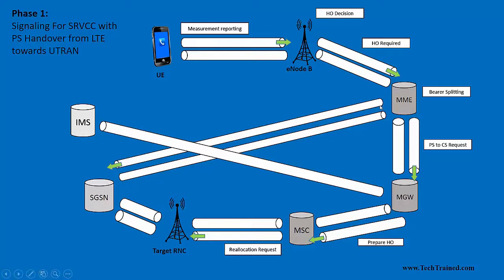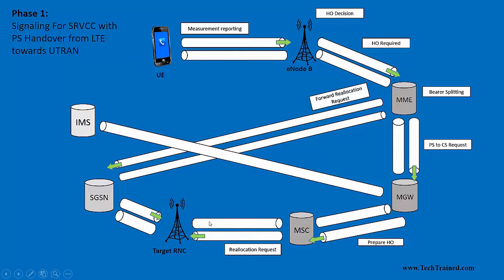So for the data portion, the MME will forward that request towards the SGSN. The arrow already ran, so let me run it again. The MME is forwarding this request towards the SGSN, and this is the same relocation request, meaning the session needs to be relocated. Once this relocation request is received by the SGSN, it will forward it towards the target RNC once again.